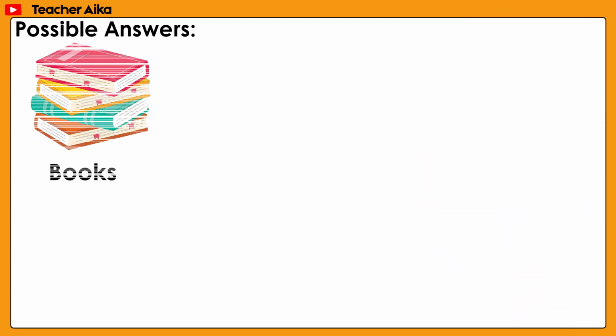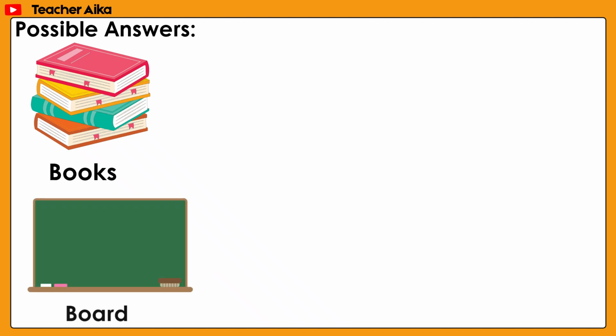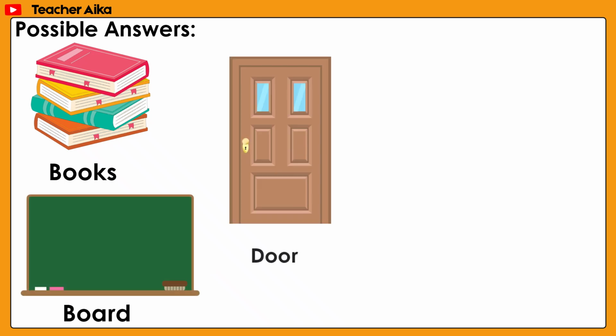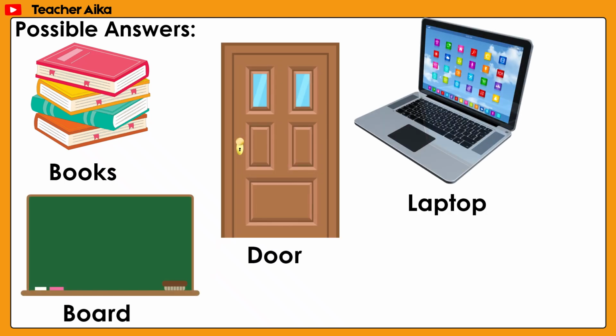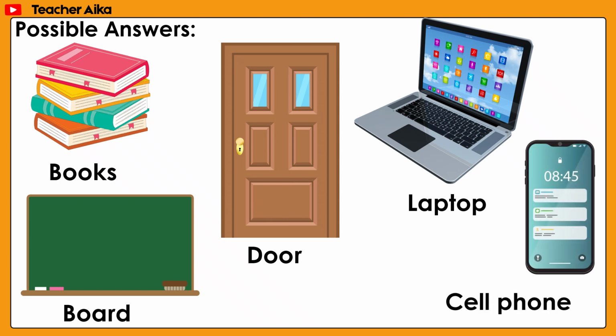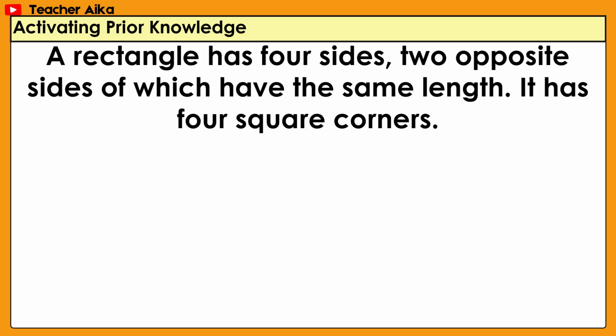Possible answers: books, board, door, laptop, and cell phone. A rectangle has 4 sides, 2 opposite sides of which have the same length.